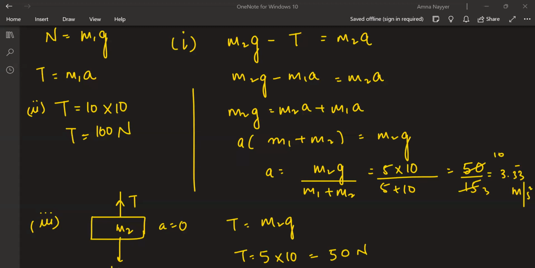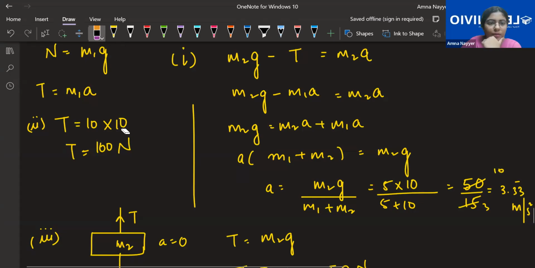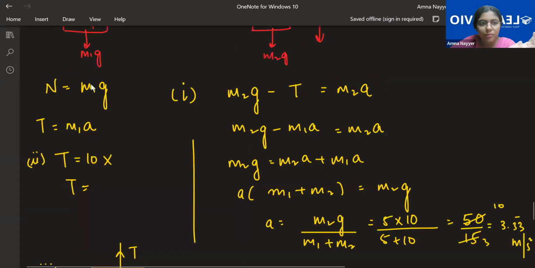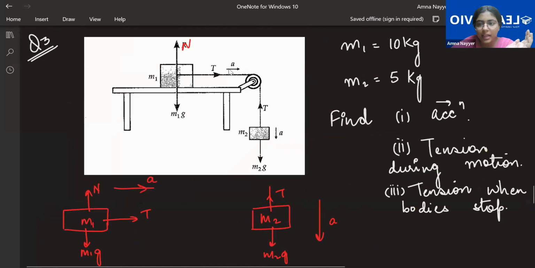Just a thing. Wait, wait. I have written here acceleration due to gravity. This value 10 won't come. We have already calculated the acceleration, that is this 3.3. See class, tension is equal to m1a. Mass is 10, acceleration is there. I wrote the acceleration due to gravity's value, but this is the acceleration that was occurring here.